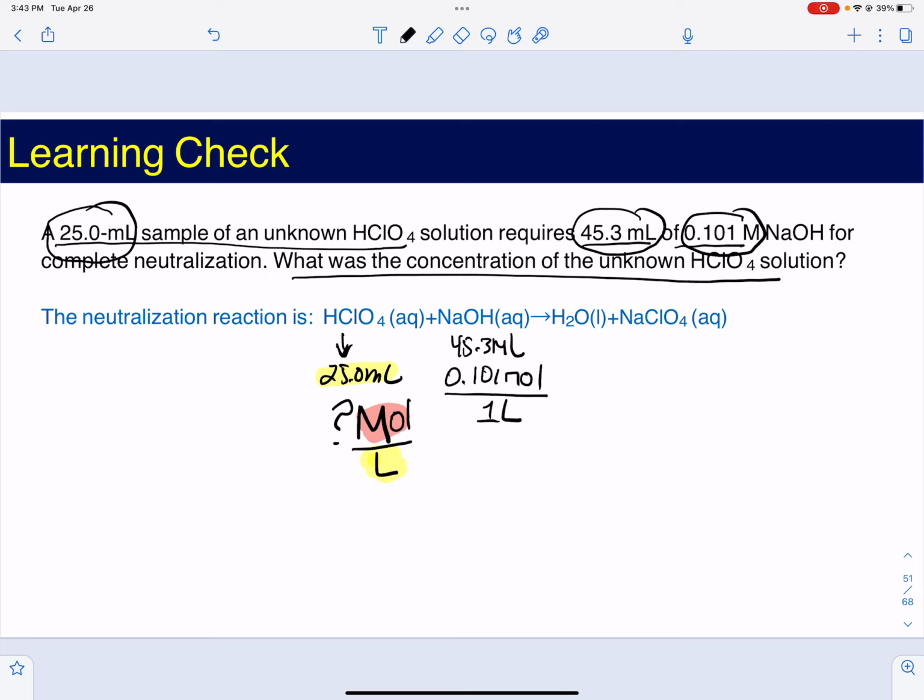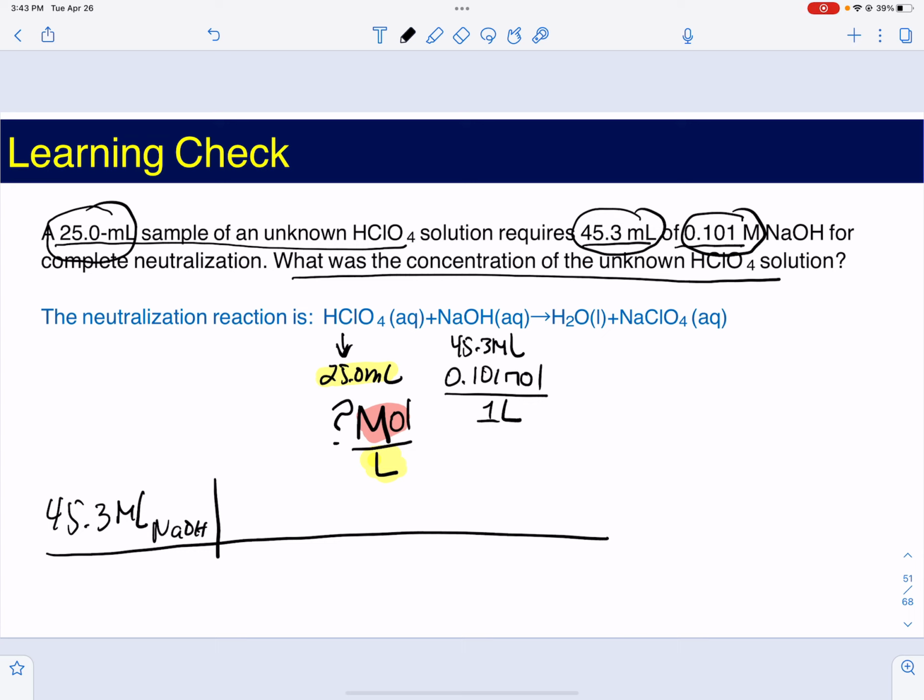So given 45.3 milliliters of NaOH, I'm going to change that to liters first. 1 liter equals 1,000 milliliters. Now that I have the liters, I'm going to use the concentration, which is 0.101 moles for every 1 liter.